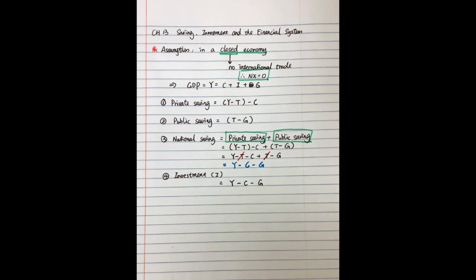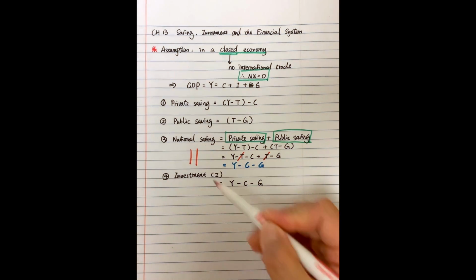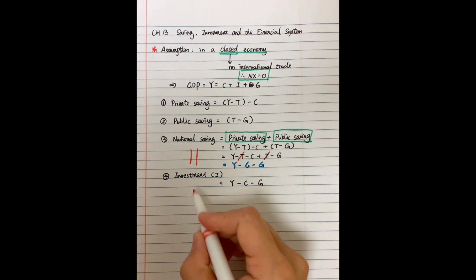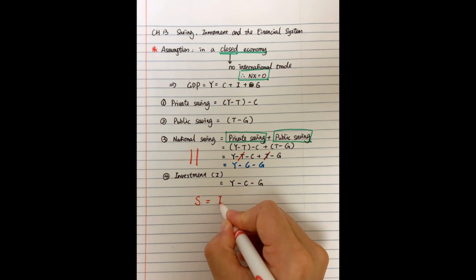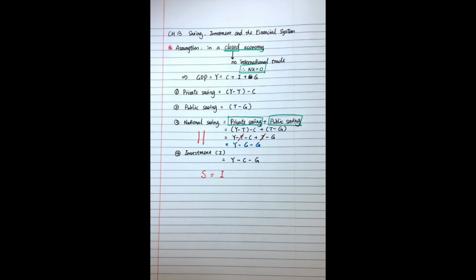It's exactly equal to investment. Therefore, in a closed economy, national saving would just equal investment. So we would like to say, in a closed economy, national saving, okay, I use capital S, national saving will equal investment. And this is only true for a closed economy.